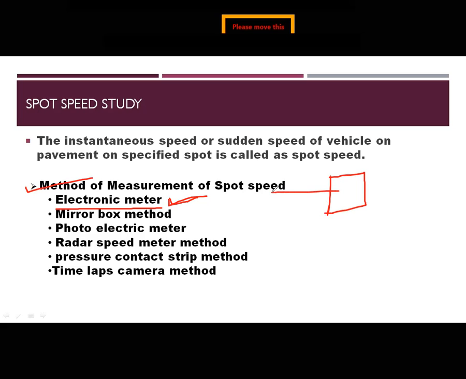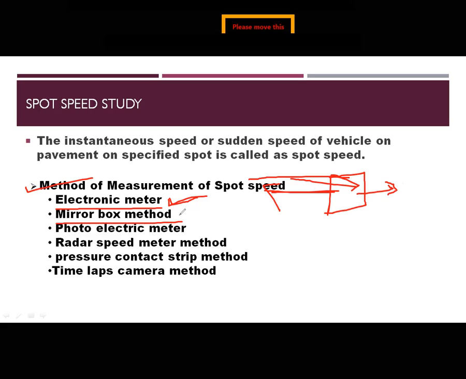There is an emitter and a receiver, so a ray is continuously passed on the vehicle and reflected to the receiver, and the receiver gets the reading. The whole process is very fast, so it gets the exact speed of the vehicle at a particular spot.